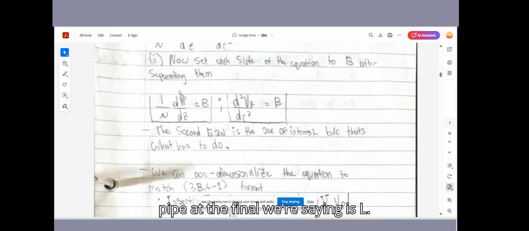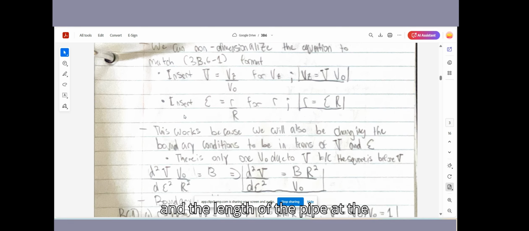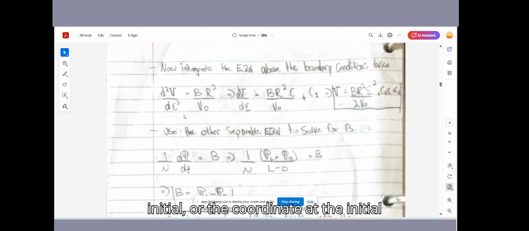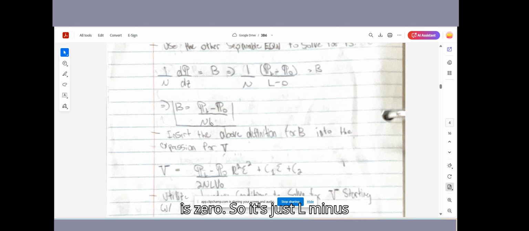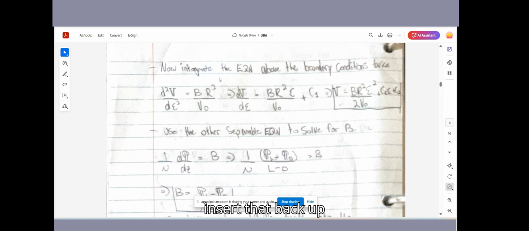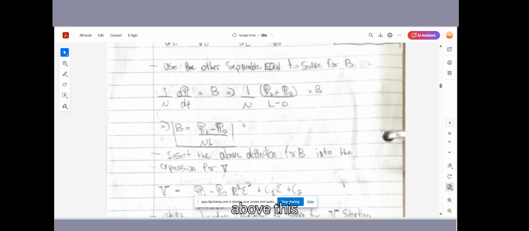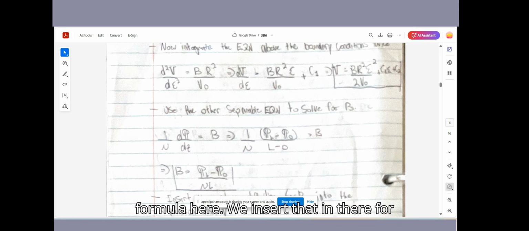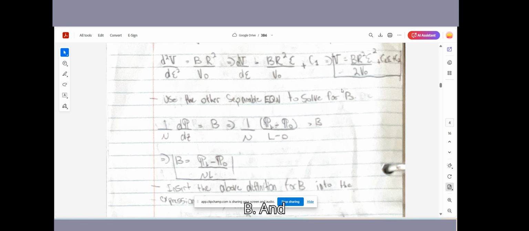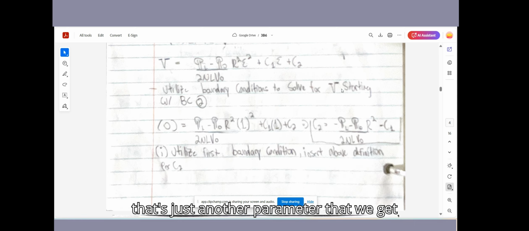The length at the final we're saying is L, and the coordinate at the initial is 0. So it's just L minus 0. We insert that back up here into this formula for b, and that's just another parameter that we get rid of.